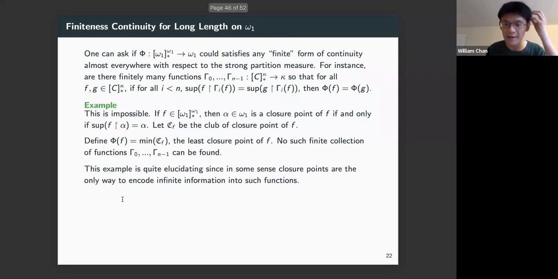And this example tells us where the problem happens. Given a function f from omega1 to omega1, call an ordinal alpha a closure point of f if and only if sup of f restricted to alpha is alpha. The collection of closure points will be called C sub f, and this happens to be a club subset of omega1.